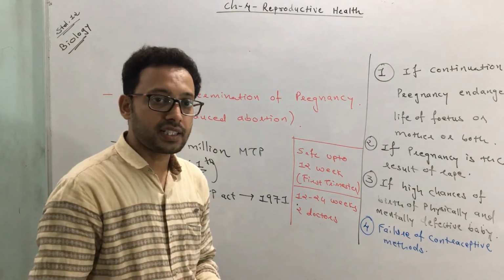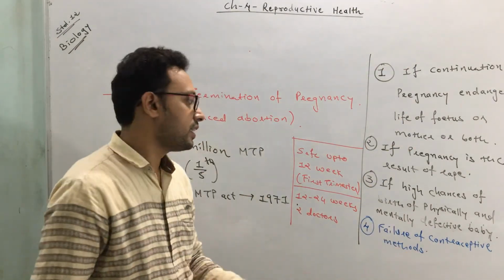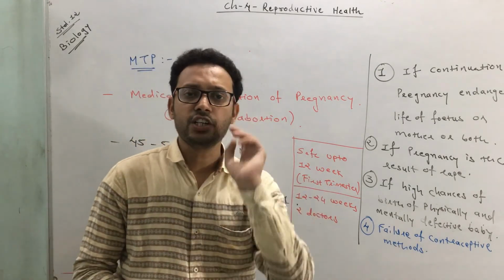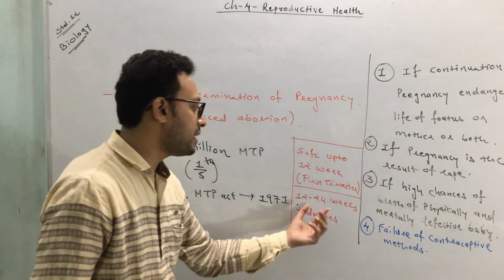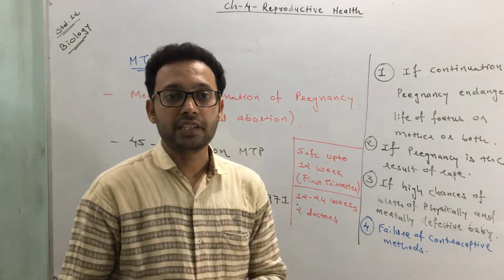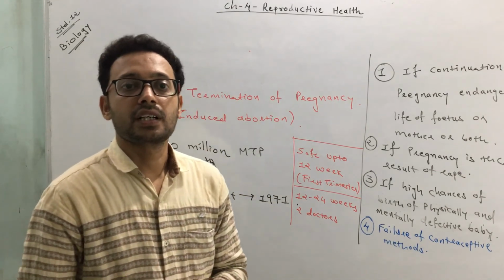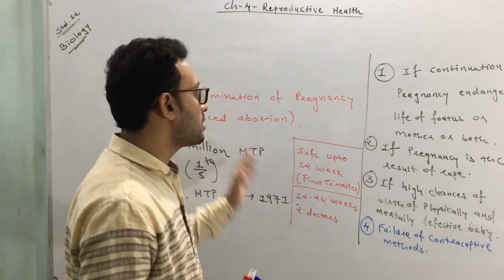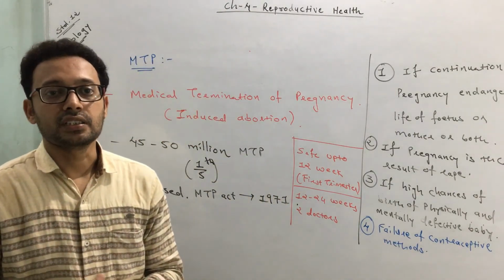If 2 doctors agree on these 4 grounds, then and only then is it allowed. Up to 12 weeks, if only 1 doctor agrees, then it is allowed to perform the MTP. But between 12 to 24 weeks, only if 2 doctors have the same opinion that MTP should be performed, then the MTP is allowed. So that is MTP, medical termination of pregnancy.